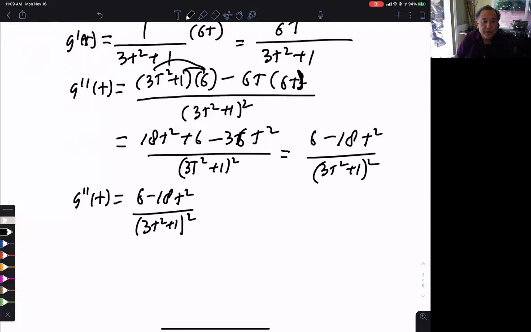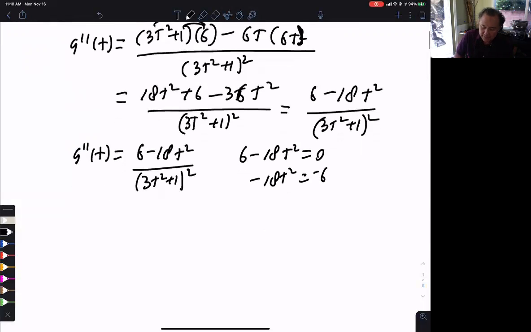So what do I do with that? Where can my function change from concave up to concave down and vice versa? Where the second derivative is 0 or does not exist. Okay? So I'm going to set the numerator equal to 0. That's when it equals 0. I'm going to subtract 6 from both sides.